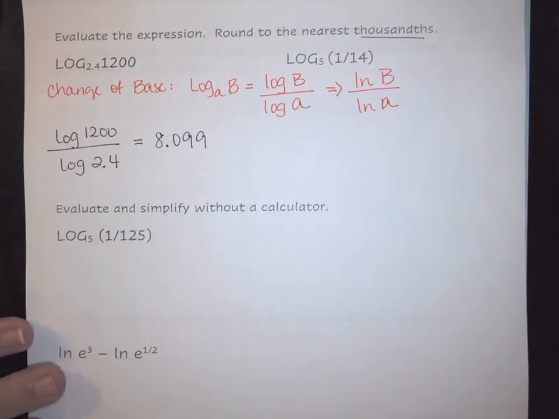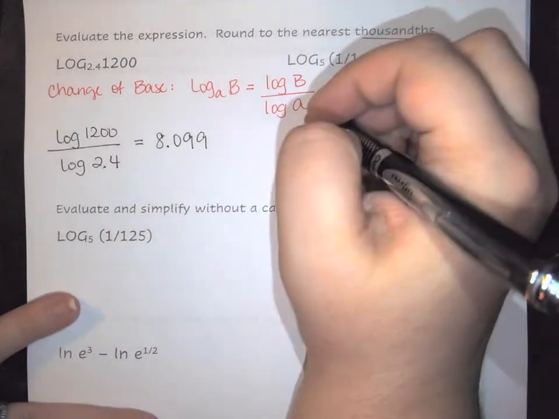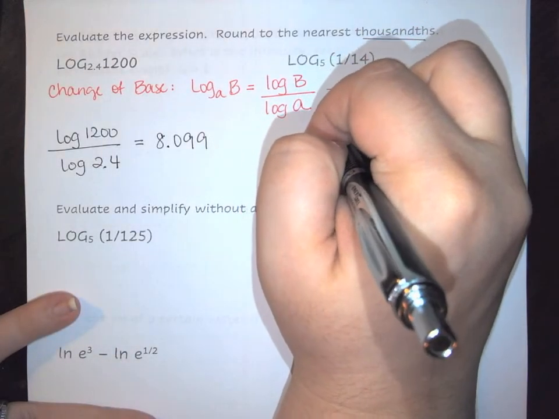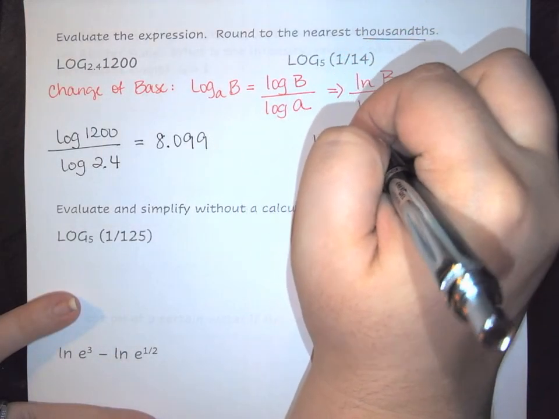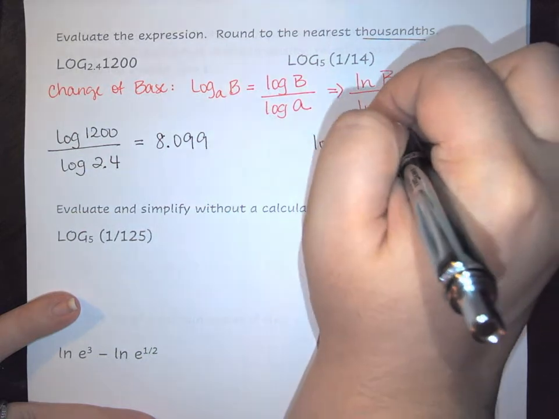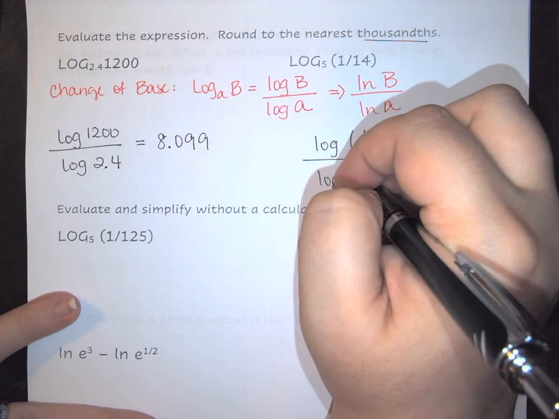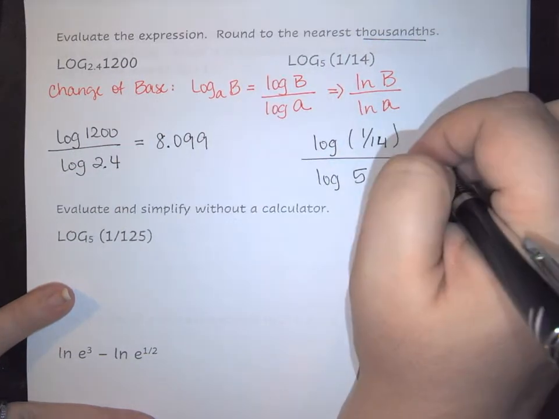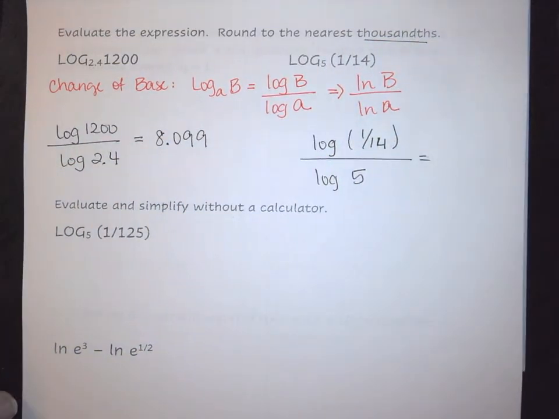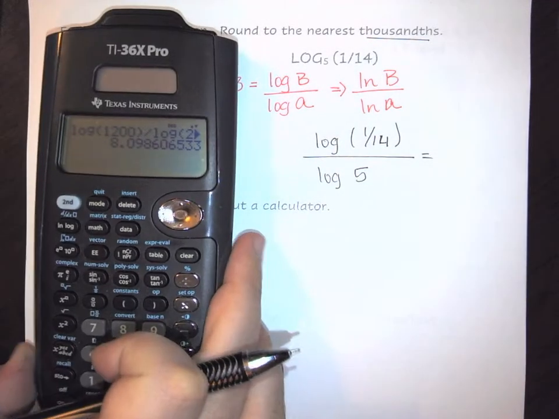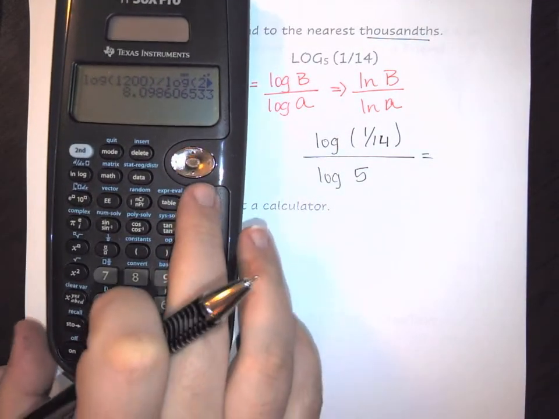So let's try it one more time. In this one, I'm going to have the log of 1/14 divided by the log of 5. Again, I would use my calculator, so let's go ahead and pull that back out. Let me clear the window.